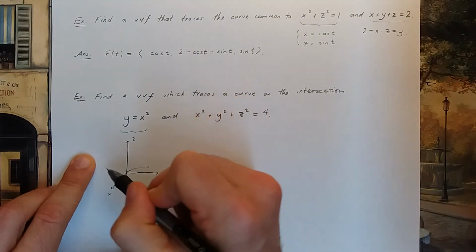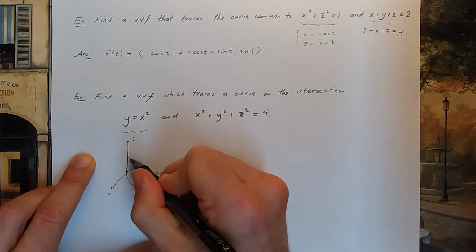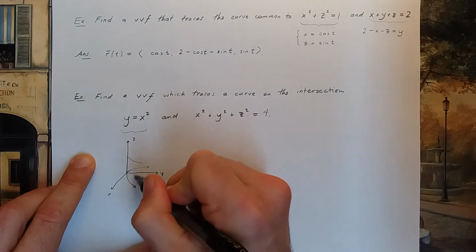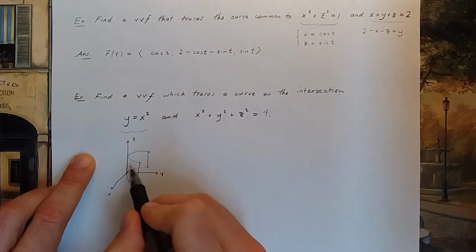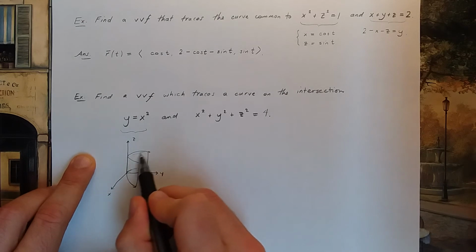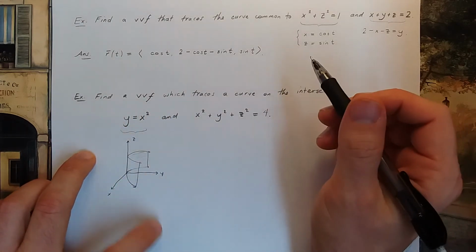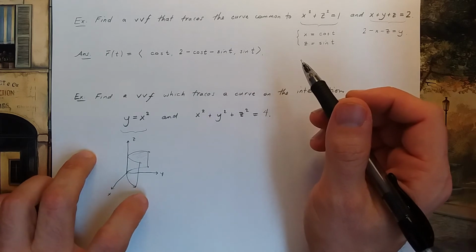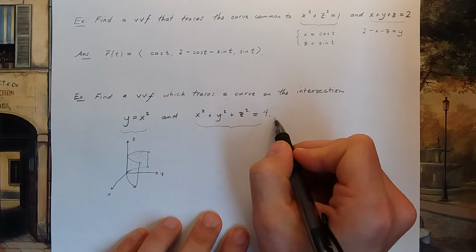Z could be anything. So at any height z, I get a picture of this parabola, meaning the shape is something like shown. I'll also plot this in the follow-up video so we can have a better image than my drawing here. This, however, you should recognize.